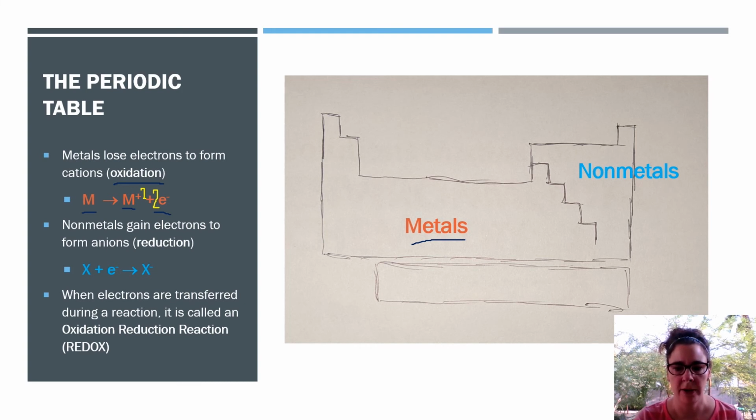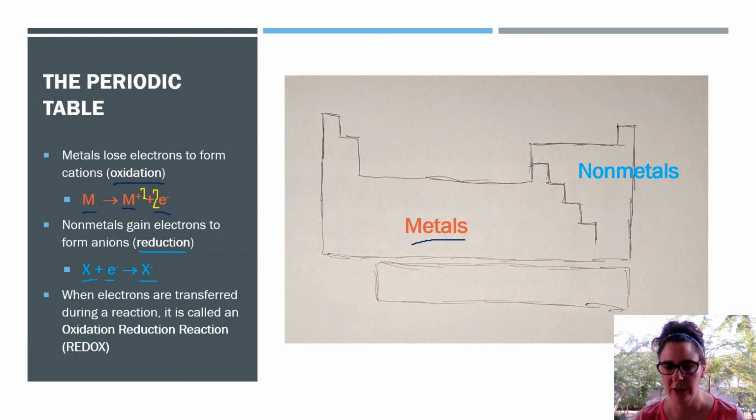On the other side of the periodic table, we have our nonmetals. Our nonmetals are characterized by how they behave in a redox reaction, and they tend to gain electrons. In gaining electrons, we call this reduction. That's the RED part of redox, it stands for reduction. So in reduction, we have gain of electrons. For example, X, which is any of our nonmetals, plus an electron forms the anion X minus.